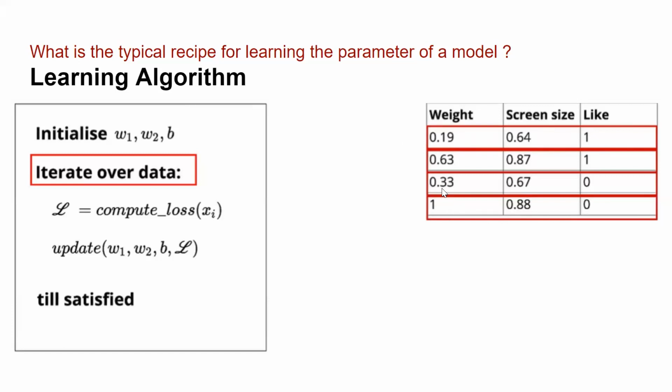I'll compute one loss for these entire 4 rows, and then I'll update the value of my parameter once after traveling through these 4 rows. That process is called batch.